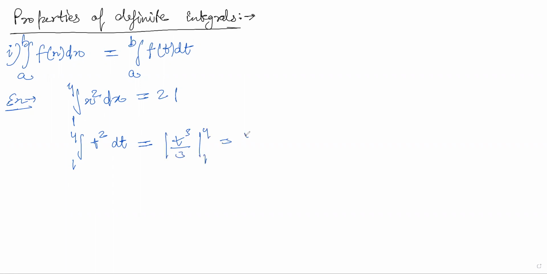You'll get 4 cubed by 3 minus 1 cubed by 3. So this is 64 by 3 minus 1 by 3, which is 63 by 3, which is 21.